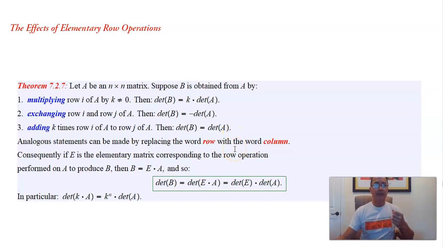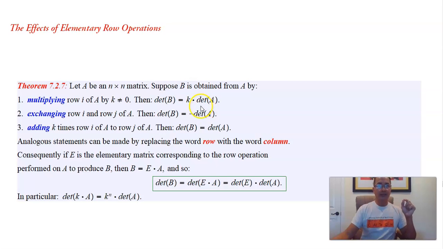And again, because a theorem remains true if you replace row by column, this now allows us to perform elementary column operations on a matrix. So if you multiply column i of A by k, this formula still works. But notice, what did I just point out to you a couple of minutes ago?